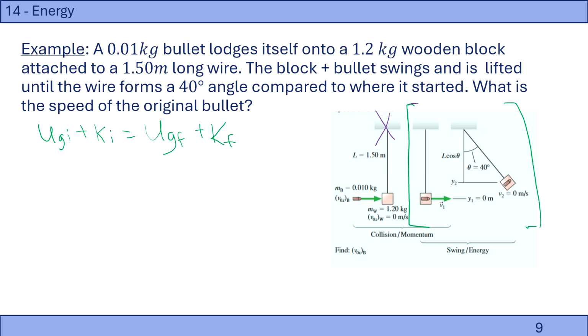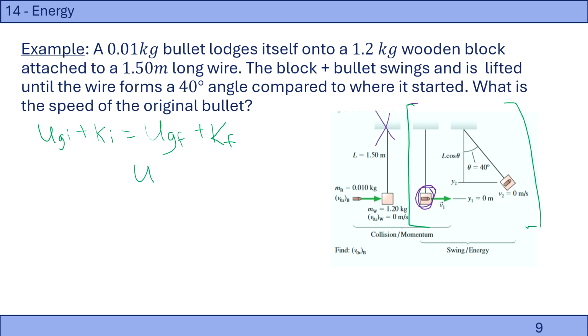Look at the system and help me understand what the different parts are. The initial potential energy asks about this point in time. What's the potential energy? Well, we haven't quite decided how we're going to find y. In fact, let me first write down these equations.